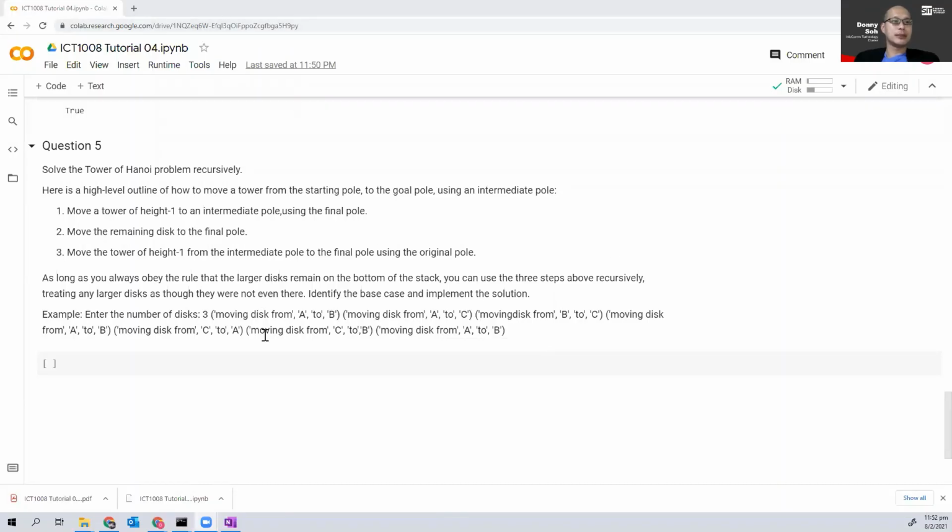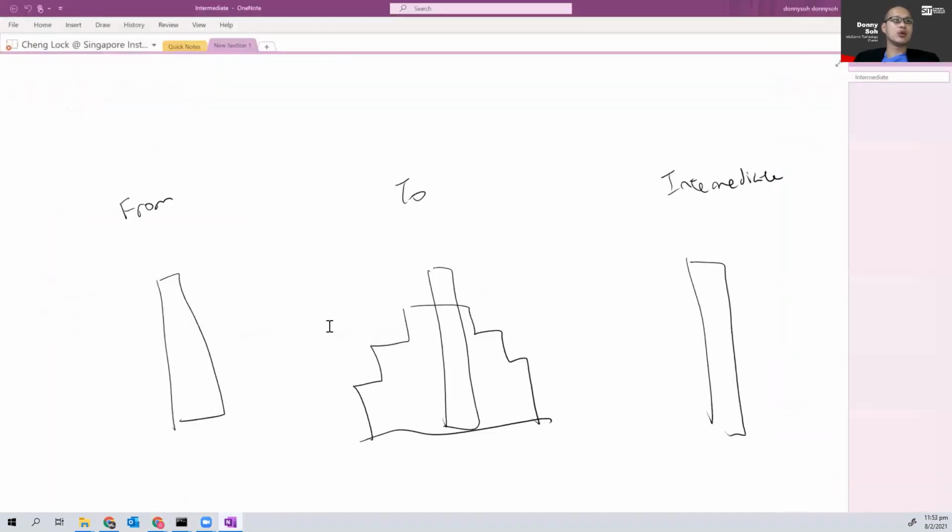So question number 5 is on the Towers of Hanoi problem. The Towers of Hanoi work in this manner. You are given 3 poles: 1, 2, and 3.